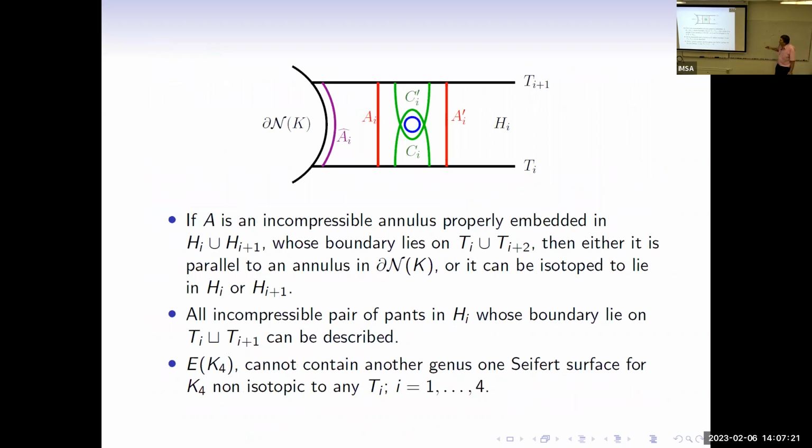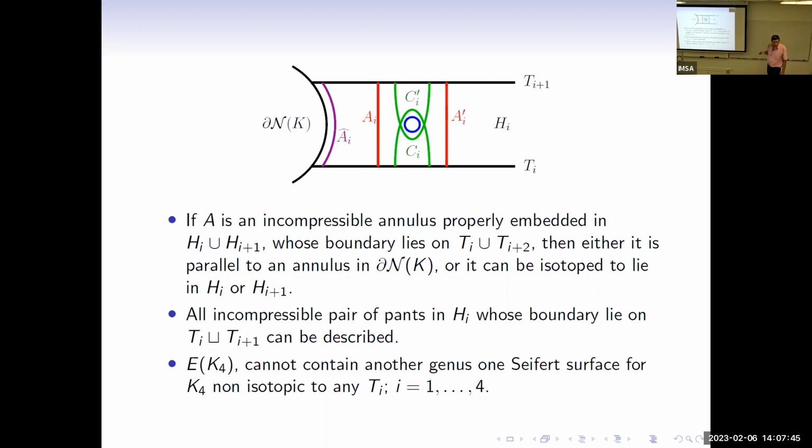No? Here we have an annulus which is parallel to the boundary of the knot. The boundary of the neighborhood of the knot. So we have 2 spanning annuli and 2 annuli we call the combining.